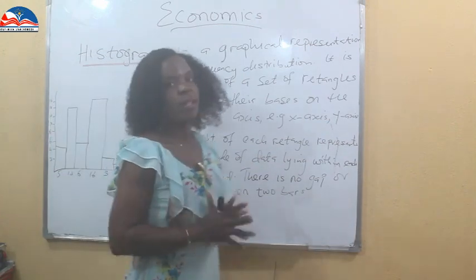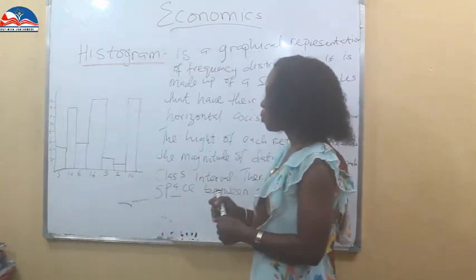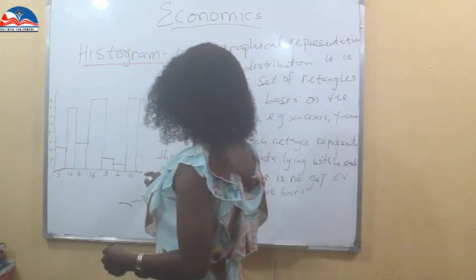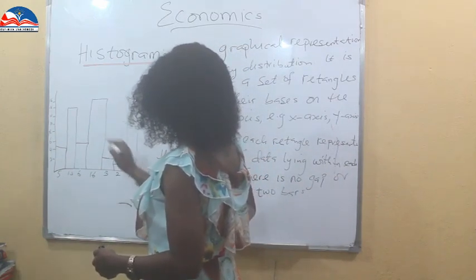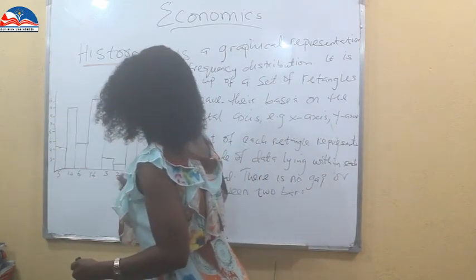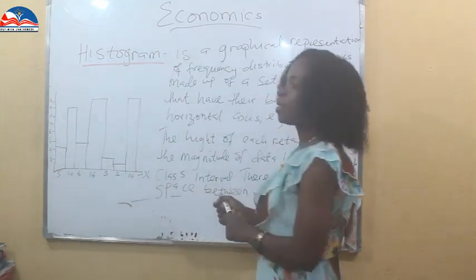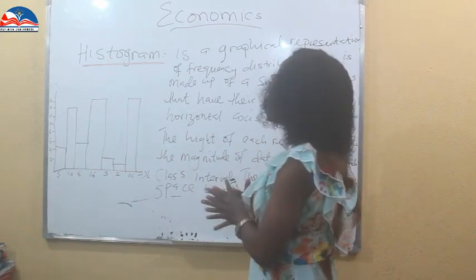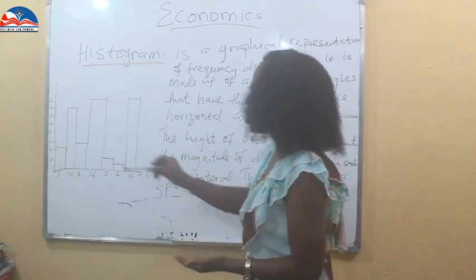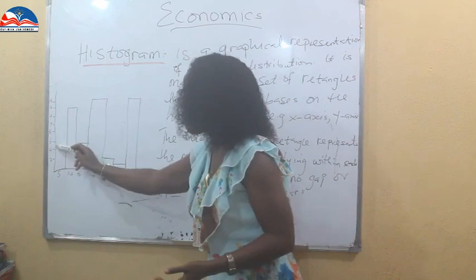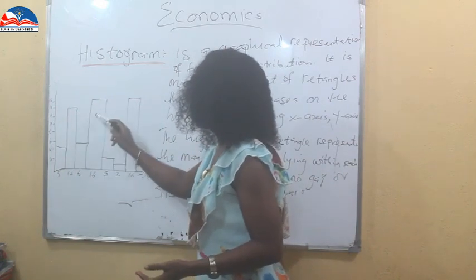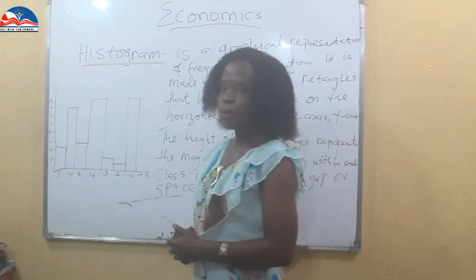Now let me explain this definition. It has its axes: this is the x-axis, and this is the y-axis. What is it trying to tell us? That histogram is represented by small rectangles.